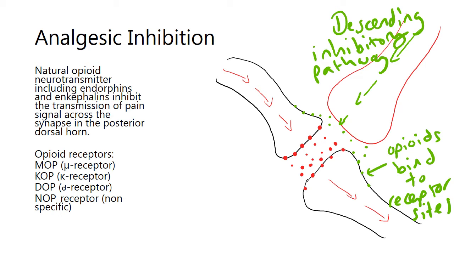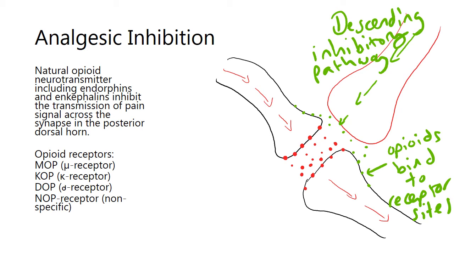We have both presynaptic inhibition here and postsynaptic inhibition here, and these neurotransmitters, I draw an arrow here, these are our body's own natural opioids. So these are chemicals such as endorphins and enkephalins, and these are going to inhibit the transmission of pain within the central nervous system.